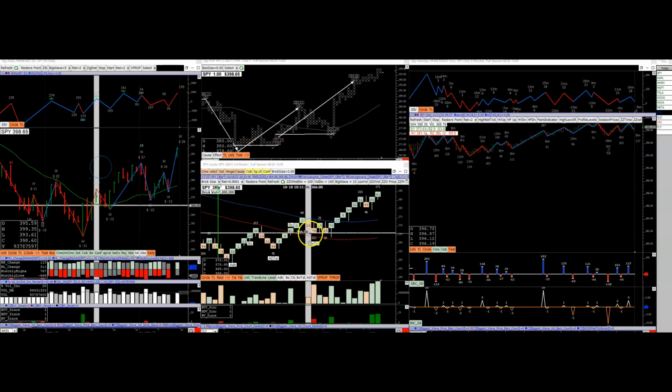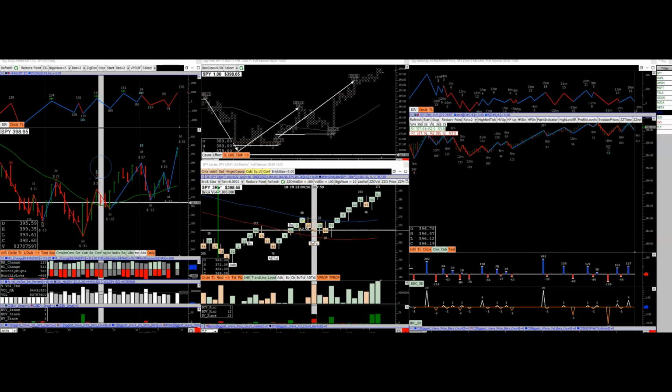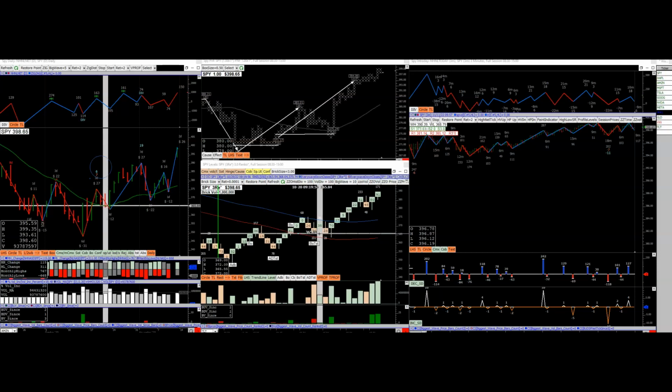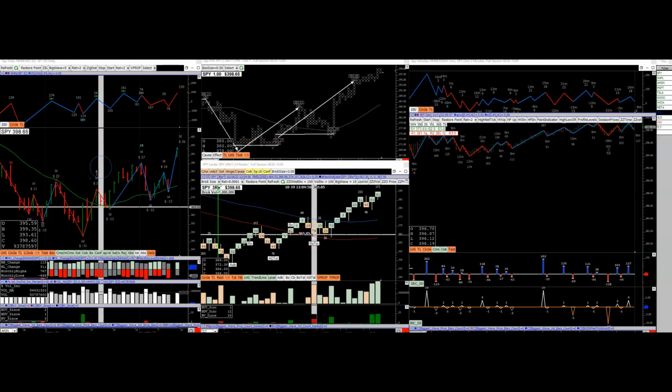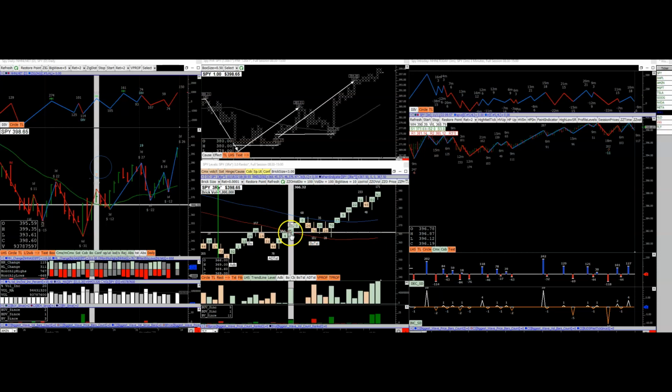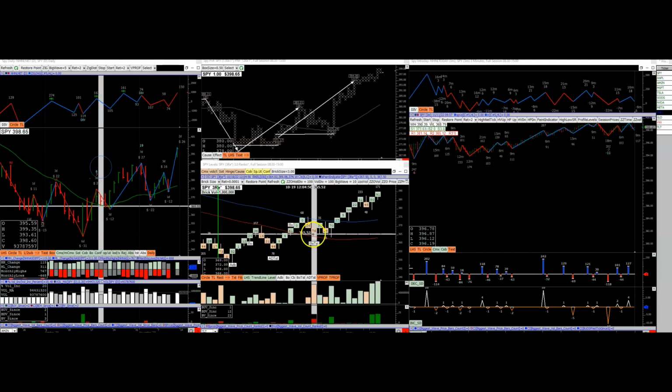Because as it's testing, they're accumulating. That's the biggest volume in 23 bricks. What do you think is going on? Especially when it has no follow through and the bar after it is a reversal. So it's accumulating right there.